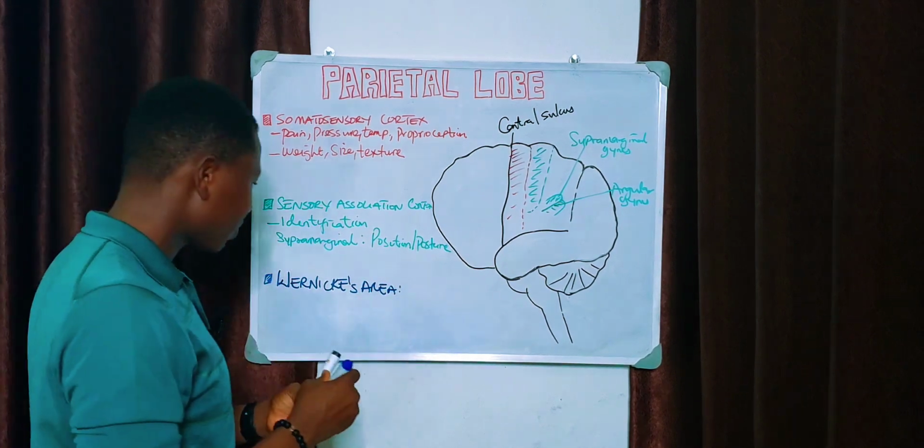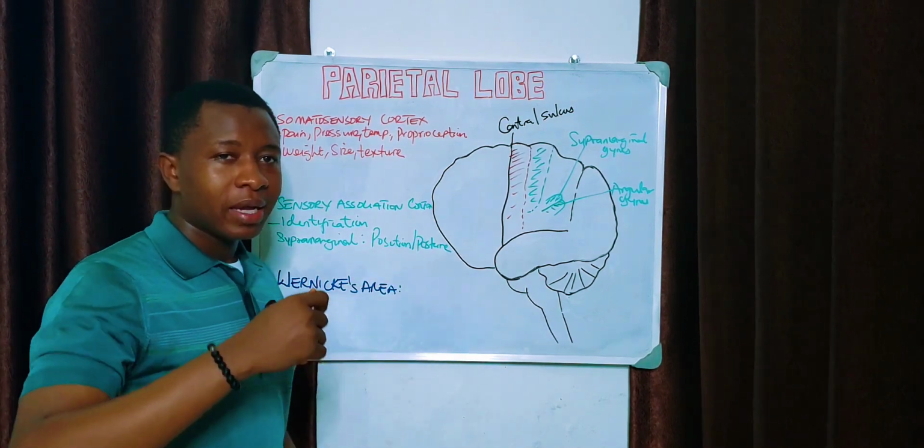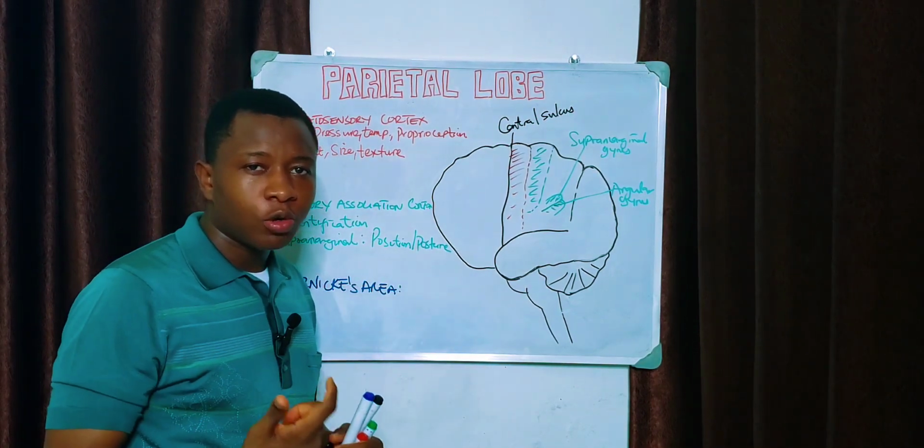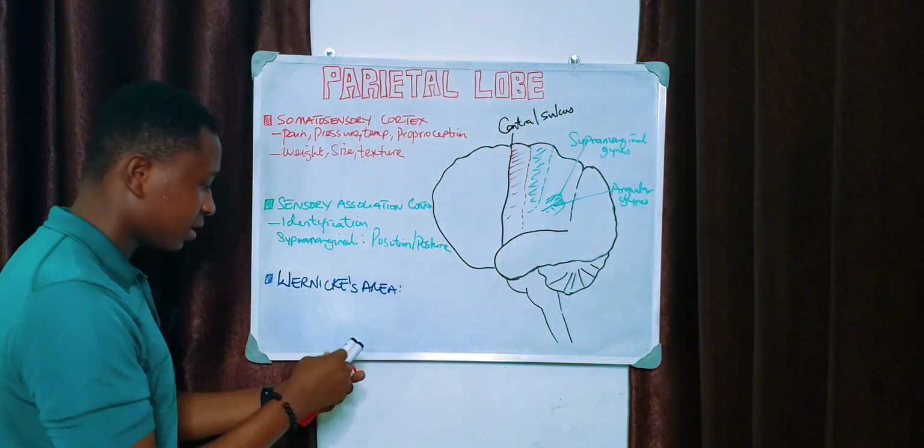The Wernicke's area plays a function in interpretation and identification of written speech, or written text.